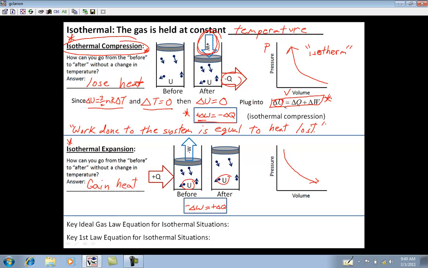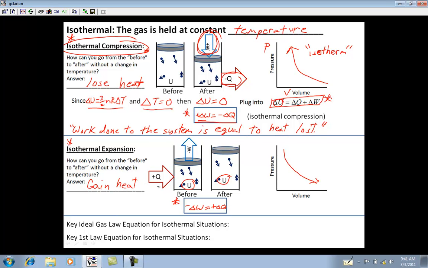One of the things you need to know is how to go from the first law equation to that equation, and to that equation. In this case, here we said work done to the system is equal to the heat lost. What's happening in the isothermal expansion? Good. So actually the heat gained, right? Oh yeah, okay.